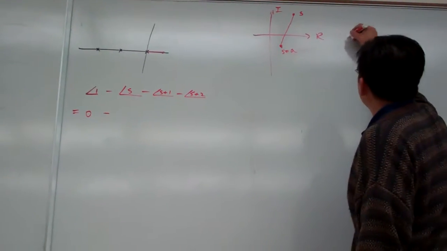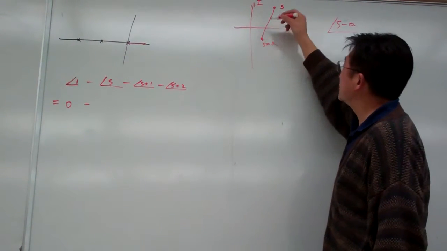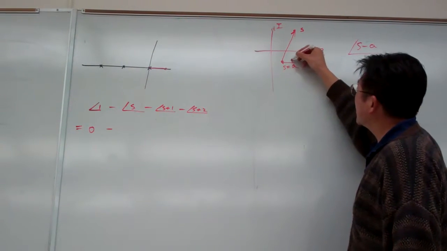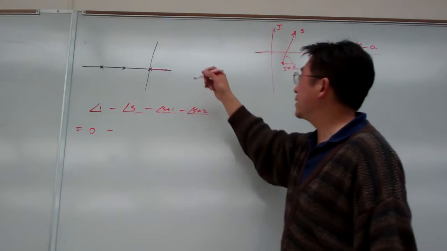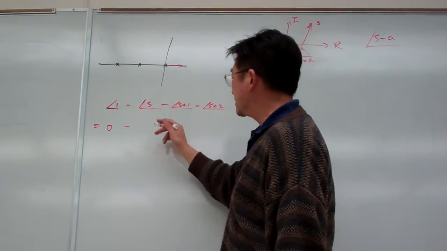For s minus a, the phase angle is simply this. You take a as the origin, you shoot an arrow pointing to the test point, and the angle measured from there is the phase angle. So for this case the arrow is like this, and the angle is 0.